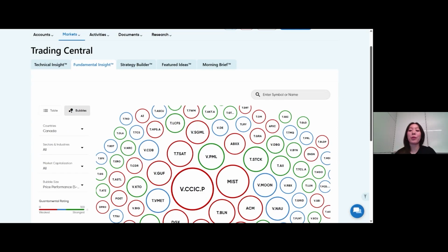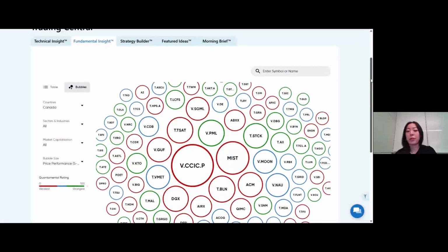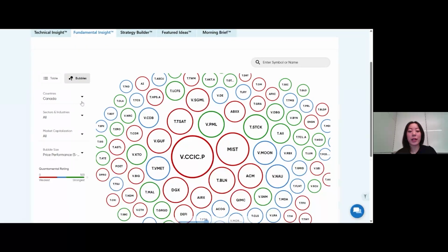So again, if you're looking for ideas on what to analyze using Fundamental Insight, the homepage already gives you quite a few ideas, and you can filter it based on the country and a few other filters as well, like the sector and the market cap.